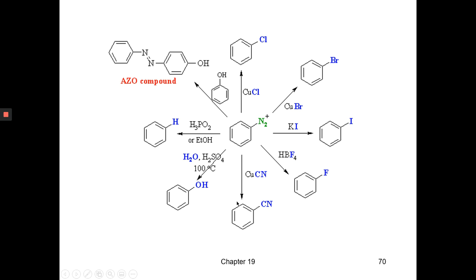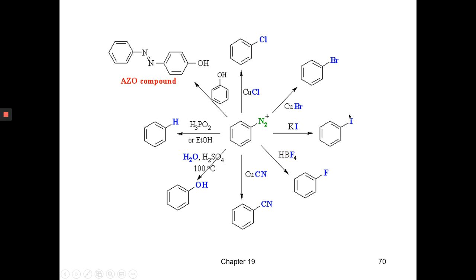This one, and this one are collectively known as the Sandmeyer reaction. They involve a copper 1 salt, and the reaction appears to be more complicated than simple substitution. There's a redox reaction going on between copper 1 and copper 2.